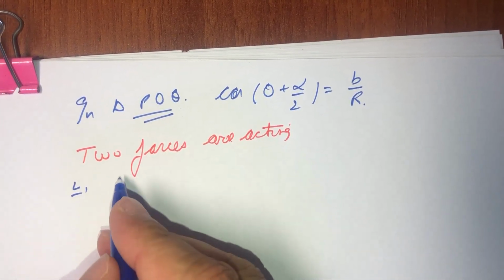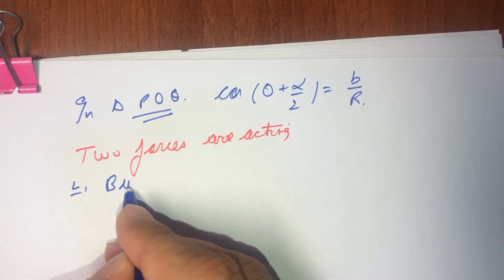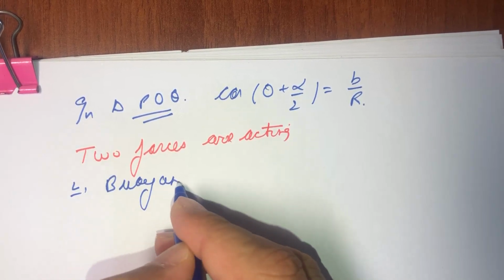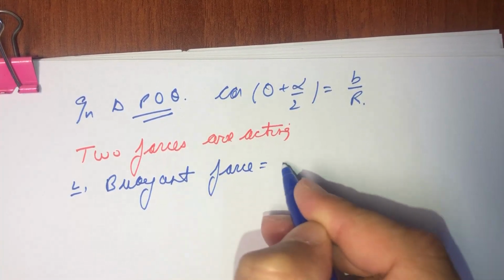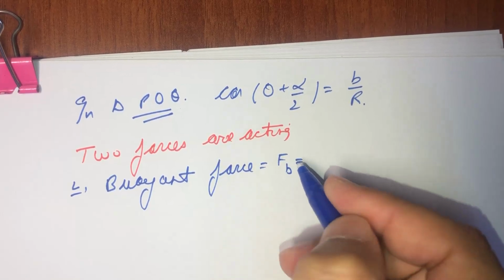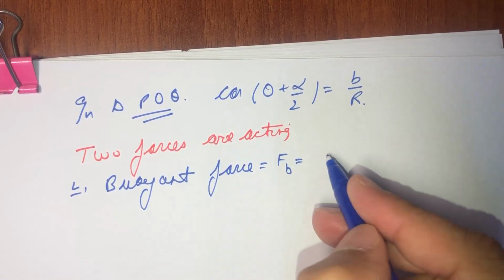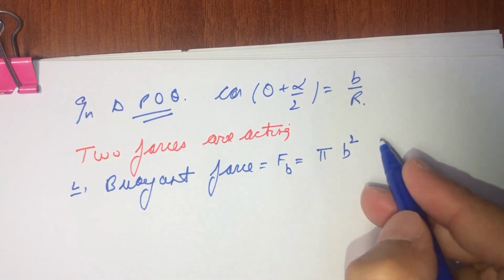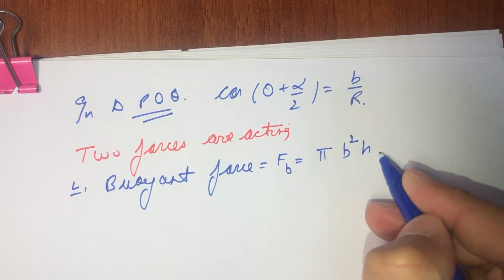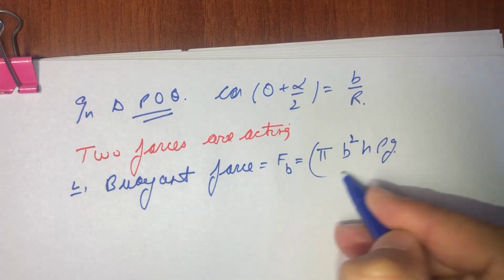First is the buoyant force. Let us suppose that is Fb, and that will be given as pi b square h rho g.